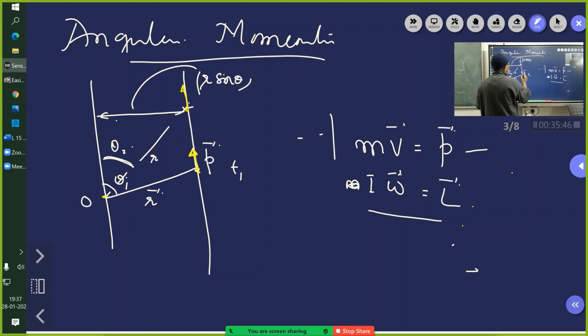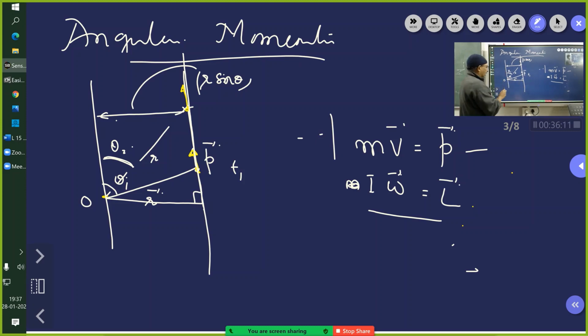I told you, you draw the line through the line of action of the velocity vector, and then you have to draw a line from this O to intersect this line of action such that it forms a perpendicular.